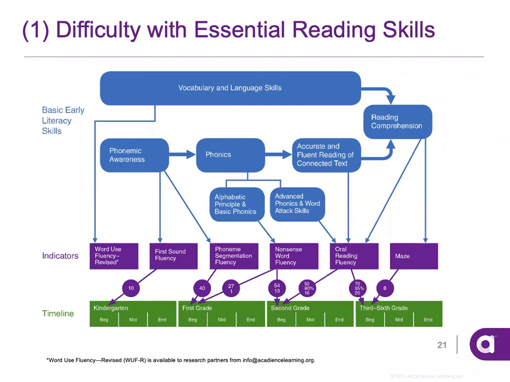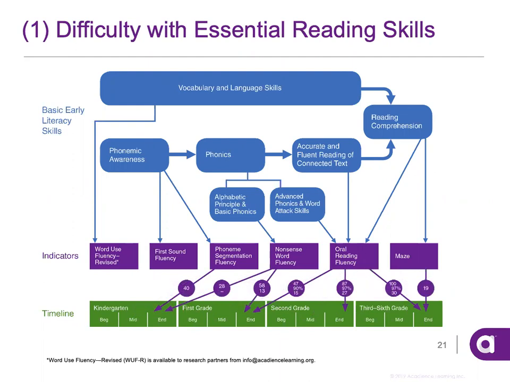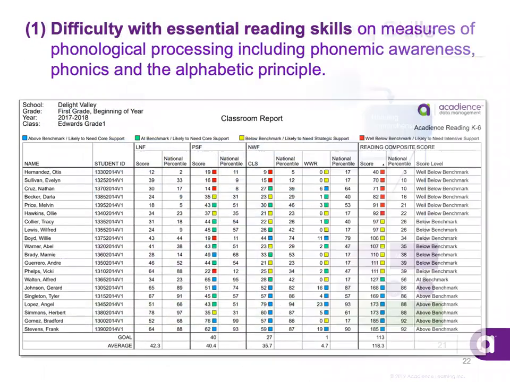So at the beginning of the school year, for example, and then again at the middle and the end of the school year, you are checking in with your students very briefly, which is appropriate for screening, on these essential indicators. You're getting a little snapshot or window into your students' skills in the skill areas that are predictive of reading performance.